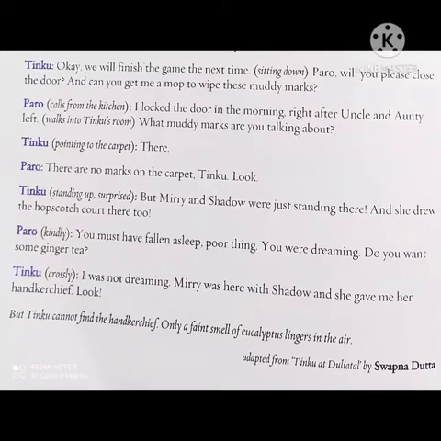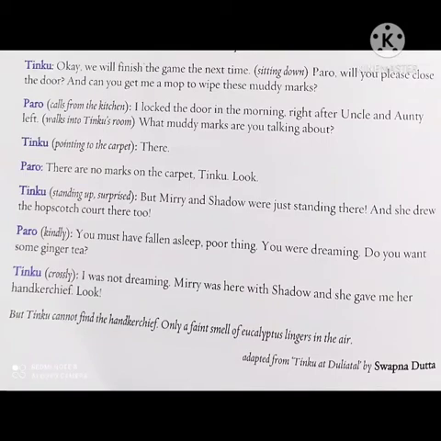She wanted the mop to clean the muddy marks on the floor and also the marks on the carpet. So Paro says, "I have locked the door in the morning as soon as uncle and aunt went outside. I have not opened it at all. Who has come inside and where are the muddy marks and what are you talking about?"